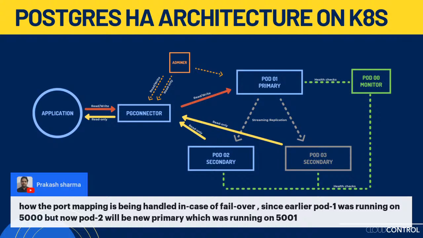And this ties back to the original question that there could be a read only database in multi-AZ, or it could be multi-region. The PG connector can do the load balancing. Right now, we have done a simple round robin, but it can be a weighted average.